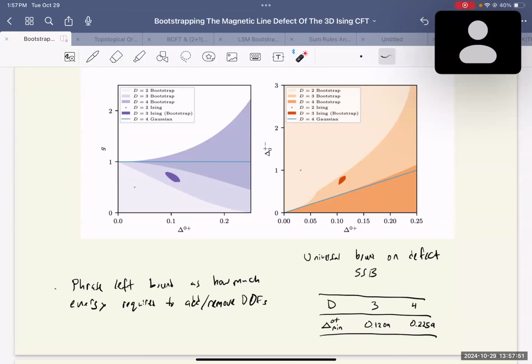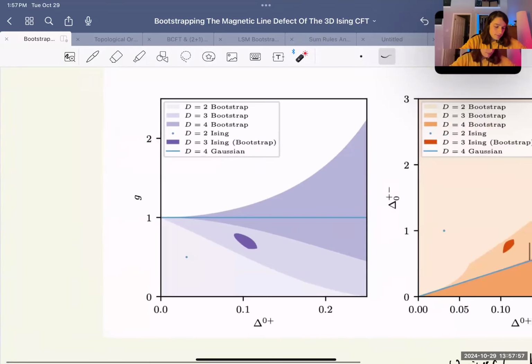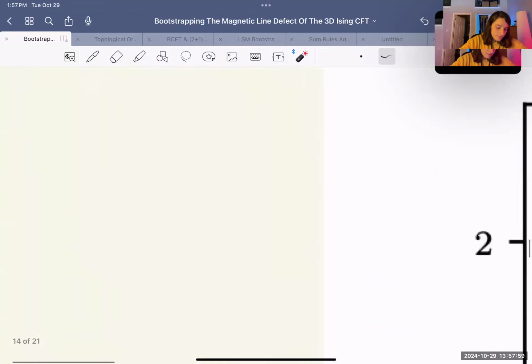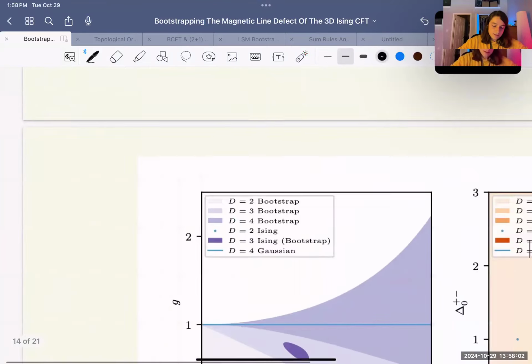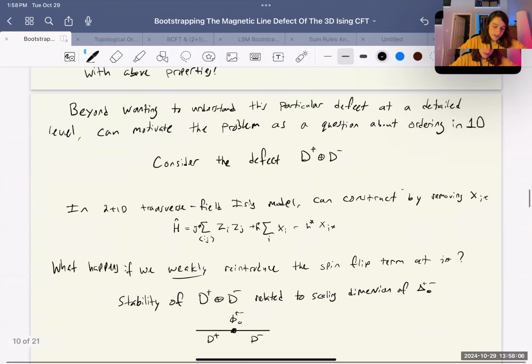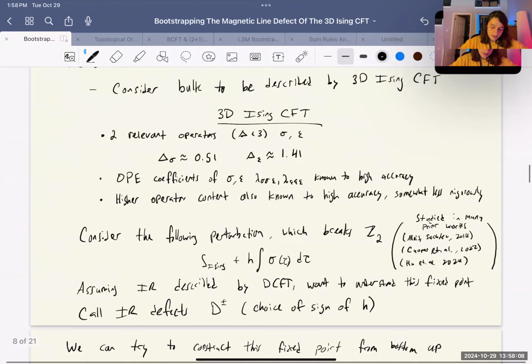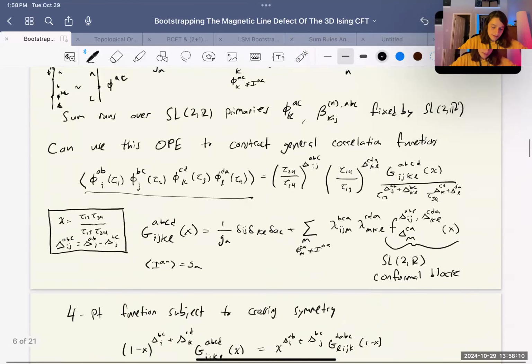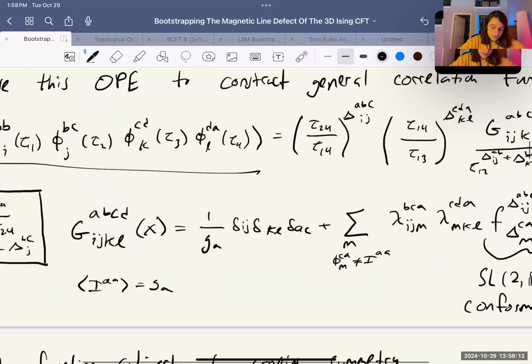Can you remind me how you get G from a correlation function? Is it this short segment? It's like, it contributes to the identity contribution to the 4-point function, like here. Is that what you mean, or do you want something else?